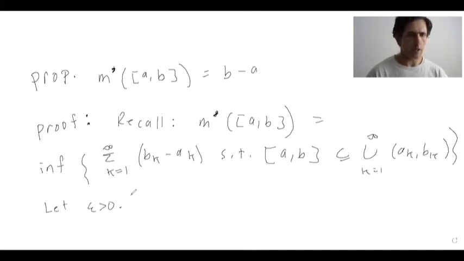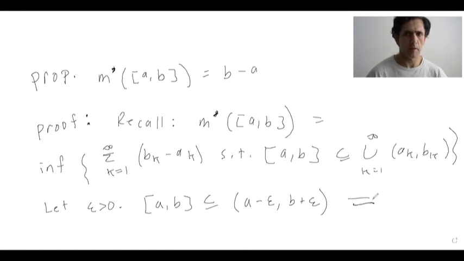Okay, so let's say epsilon is bigger than 0. Trivially, a to b is a subset of the open set a minus epsilon, b plus epsilon. So we have an open cover of a to b. And if I didn't mention this last time, when I write this, implicitly, I'm allowed to assume that this is finite also. We're considering both finite and infinite covers here.